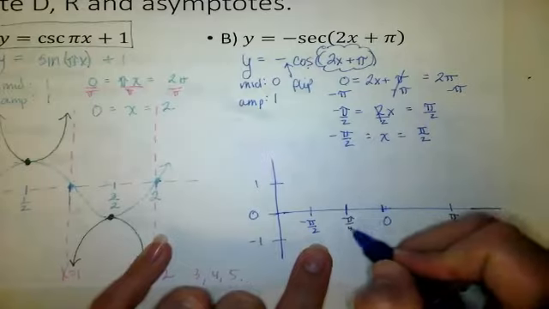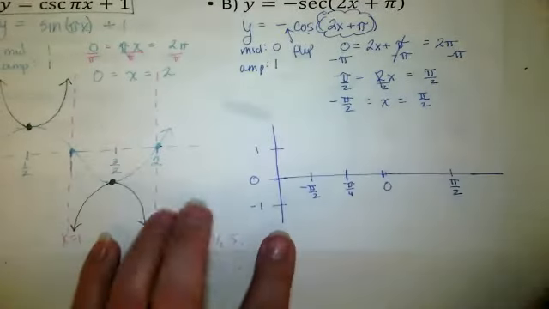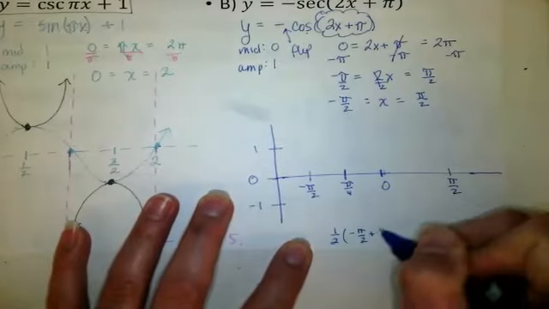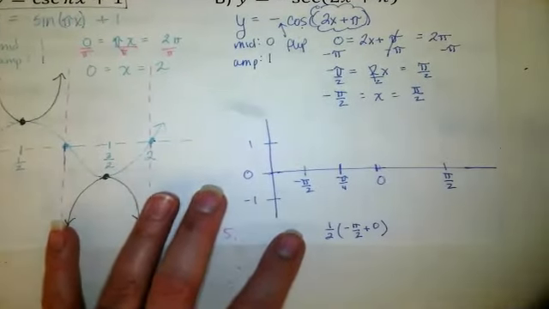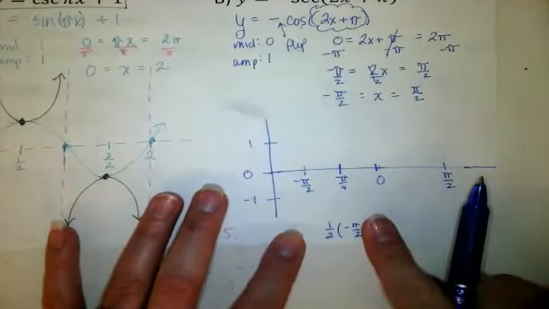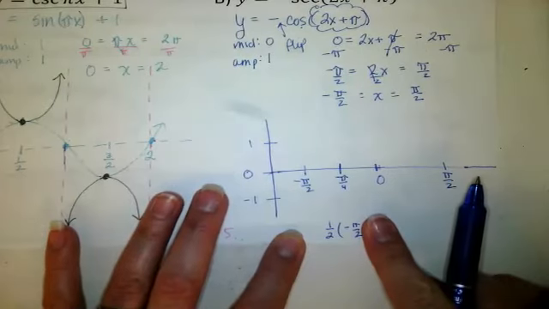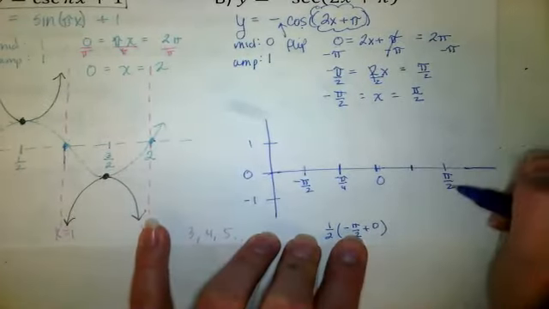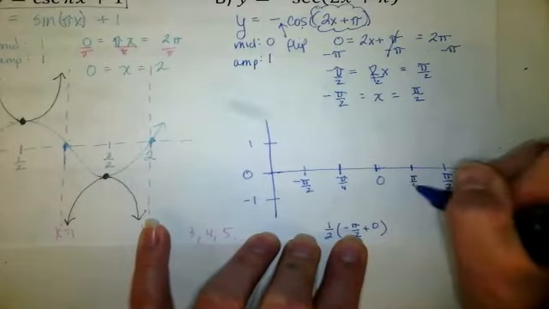What's halfway between negative pi over 2 and 0? Half of negative pi over 2 is negative pi over 4. And halfway between 0 and pi over 2 is pi over 4.